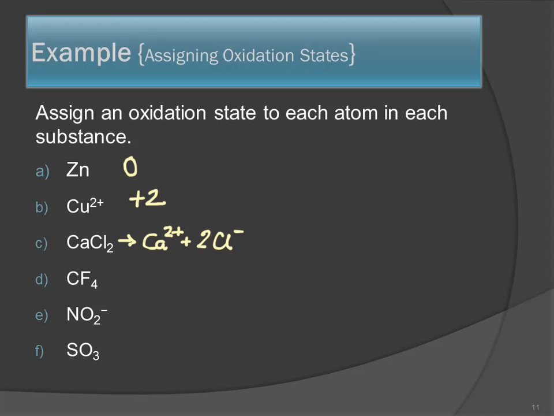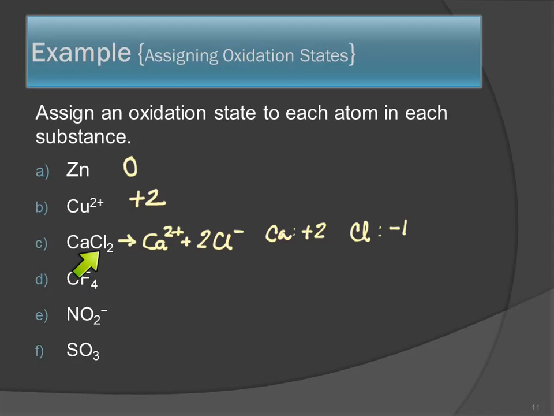So the calcium has a +2 oxidation state. And what is the oxidation state of the chloride? -1.